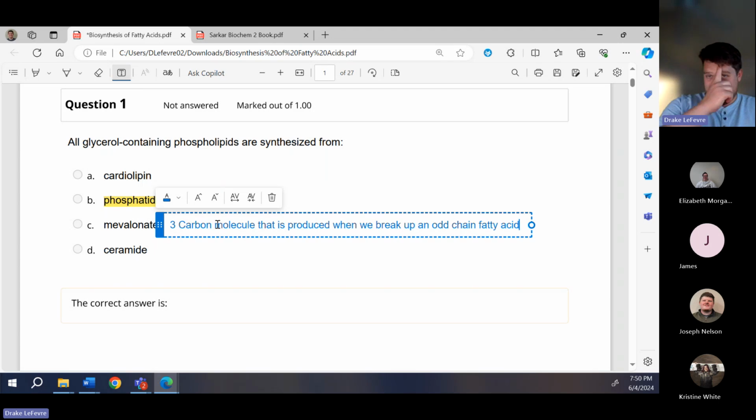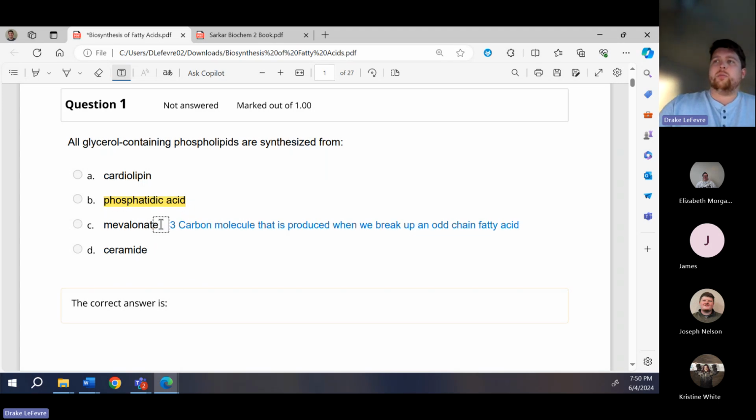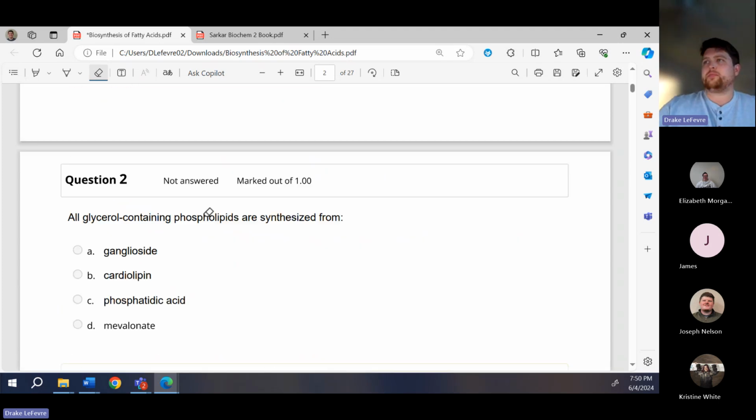Does that ring a bell? Mevalonate's also going to be important in certain situations when we talk about synthesizing or making fatty acid chains. We'll get to that a little bit later on.